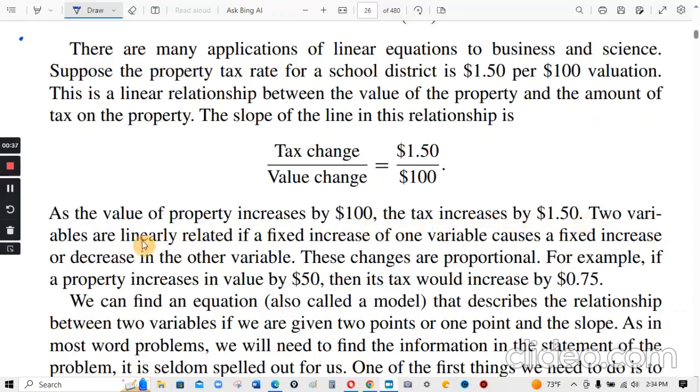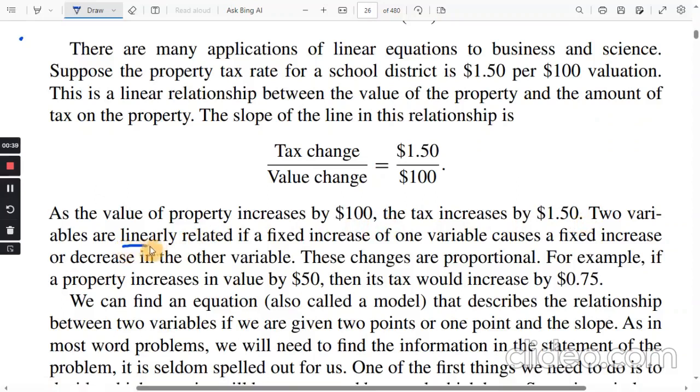Two variables are linearly related if a fixed increase of one variable causes a fixed increase or decrease in the other. These changes are proportional. For example, if a property increases in value by 50, then its tax would increase by 75 cents, right? Because half of 100 is 50 and half of $1.50 is 75 cents.